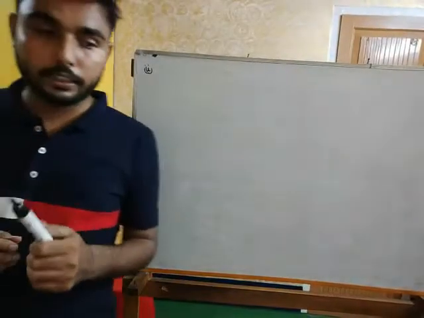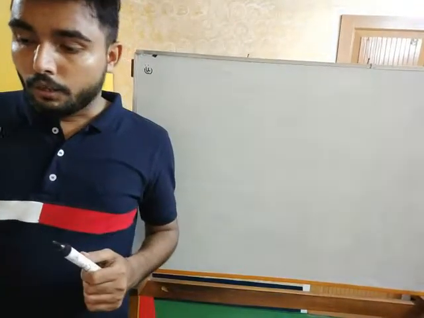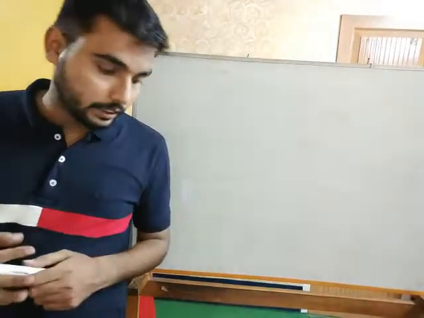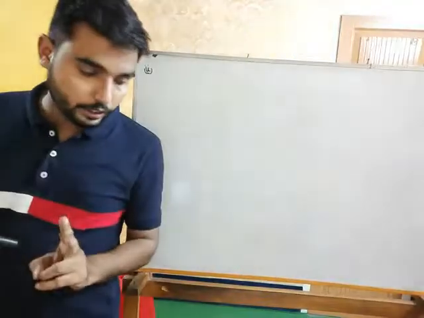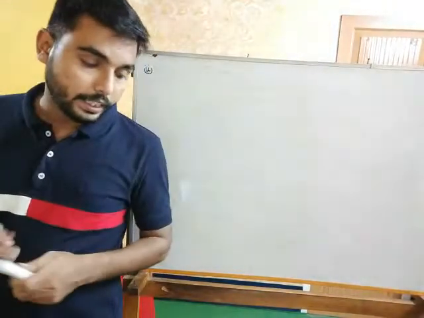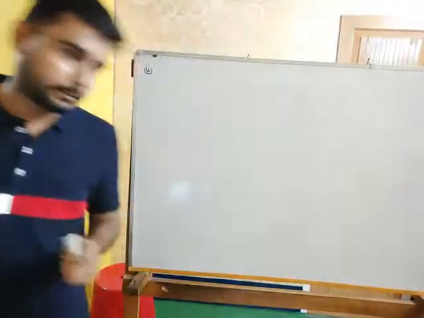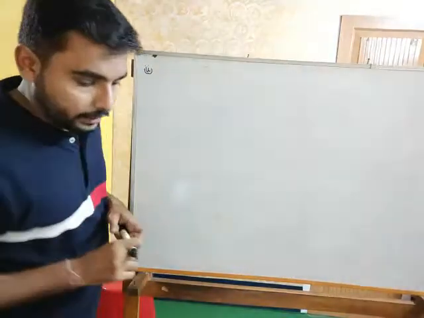So what do you mean by consecutive? Consecutive means one after the other. Okay. So it is said that the product of two consecutive positive integers is 306. We need to find the integers.